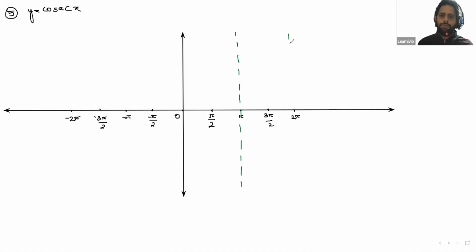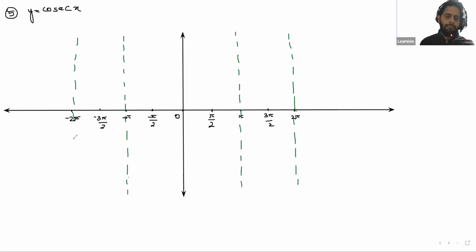Like this. So for pi by 2, the value is 1.